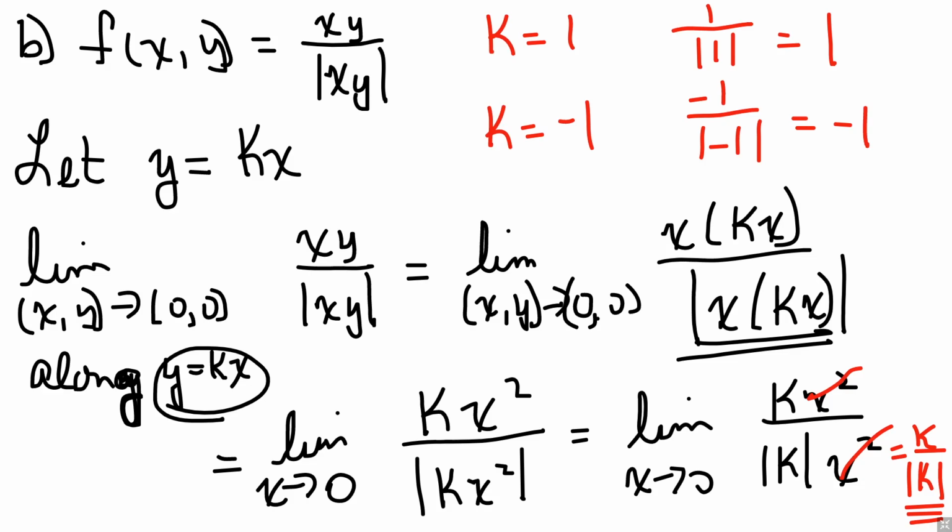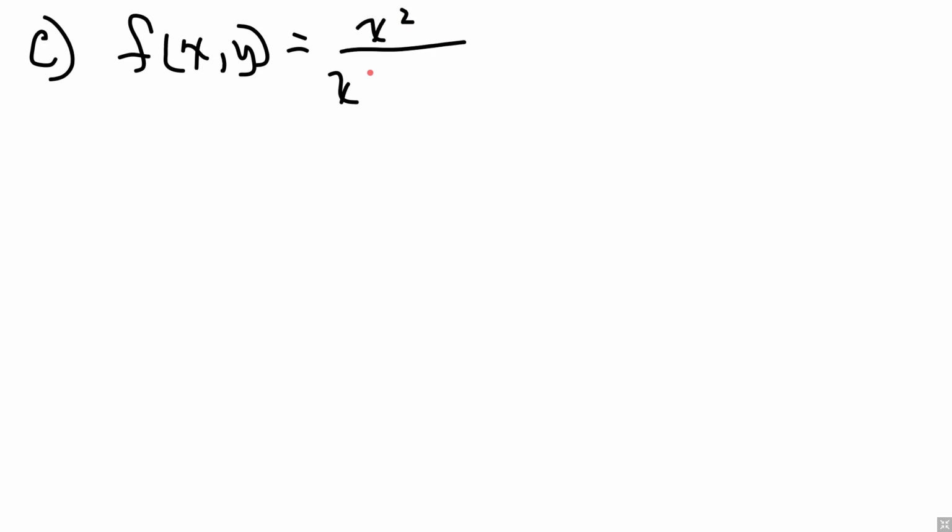So next. All right, so next one, suppose that we have this. We have function f of x, y, is equal to x squared over x squared minus y. Okay, so I want to show two paths.